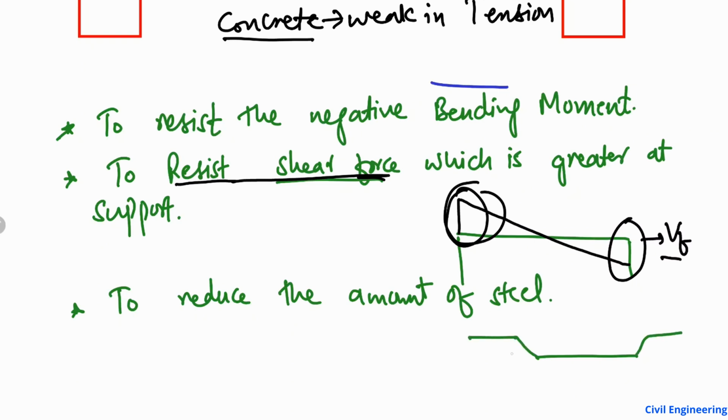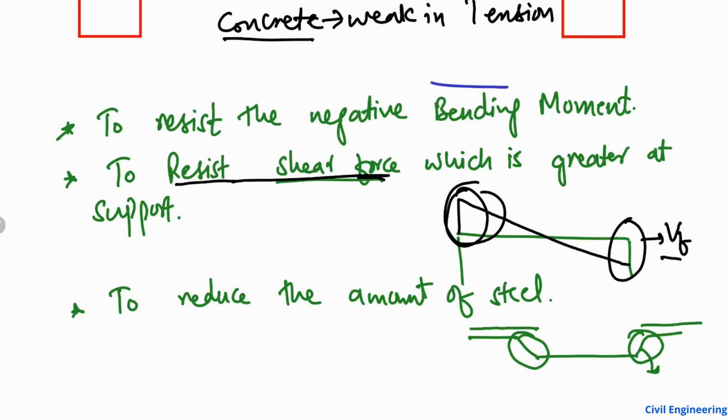So what we do here is save some amount of steel, because otherwise we would have to provide reinforcement, especially cut out here and in this region. But we don't cut out the reinforcement, we bend it in order to save some reinforcement. And this reinforcement is also helpful in increasing the overall capacity of the beams.